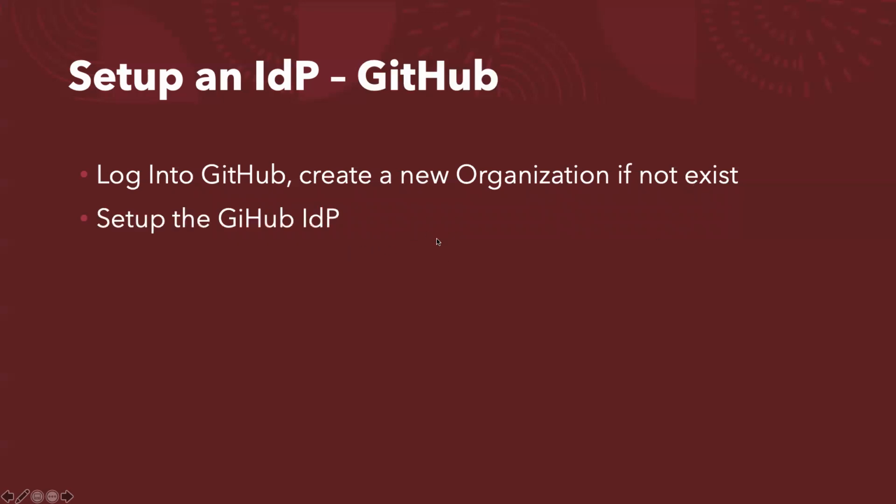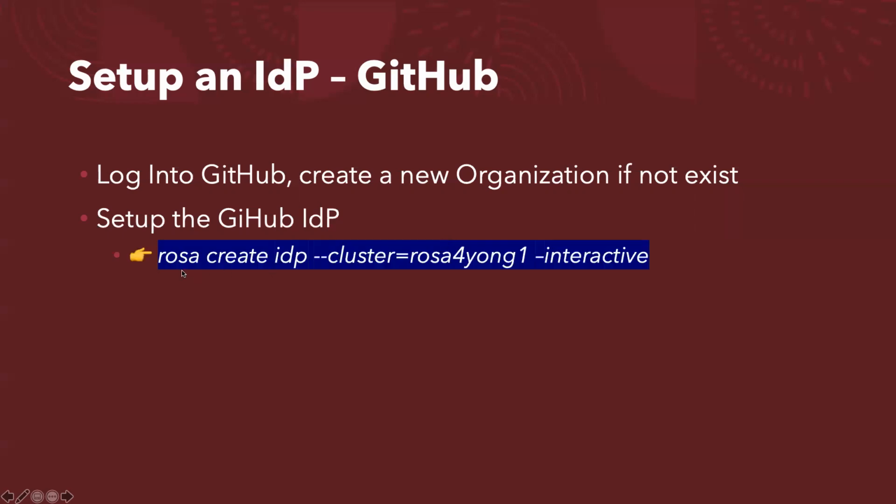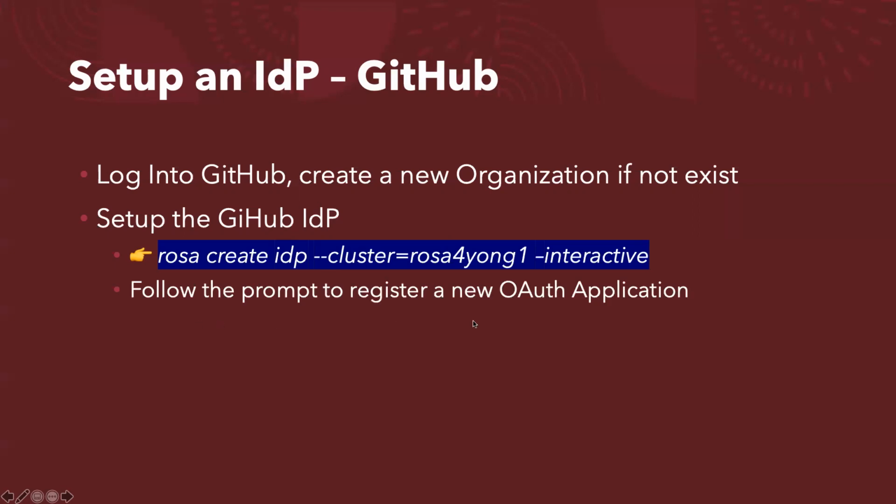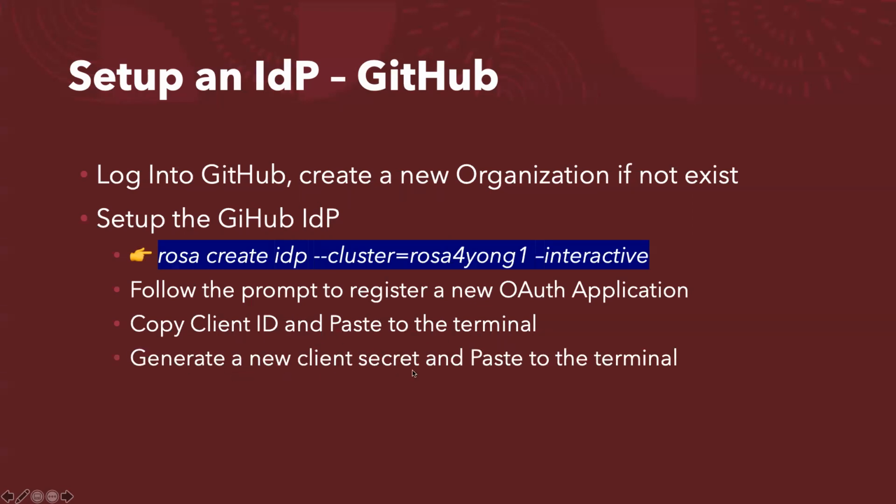Then you set up the GitHub IDP by running the command rosa create idp --cluster name followed by --interactive. Then you just follow the prompts to register a new OAuth application. You need to copy and paste the client ID to the terminal, and also generate a new client secret and paste it to the terminal.